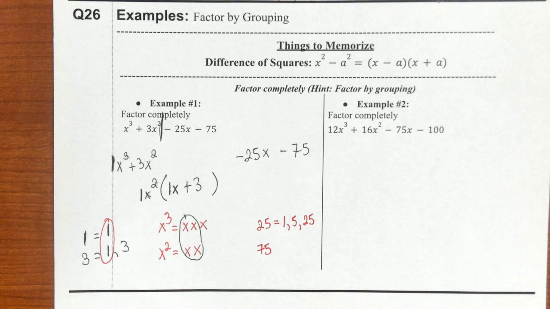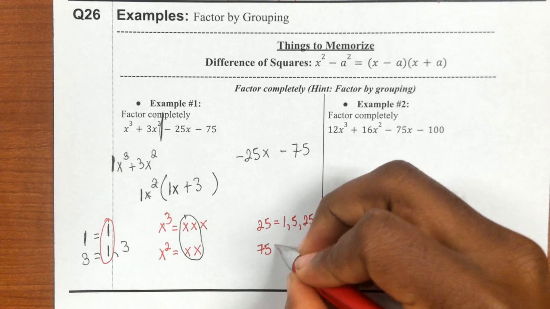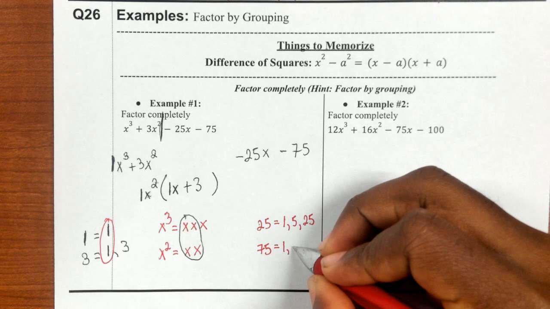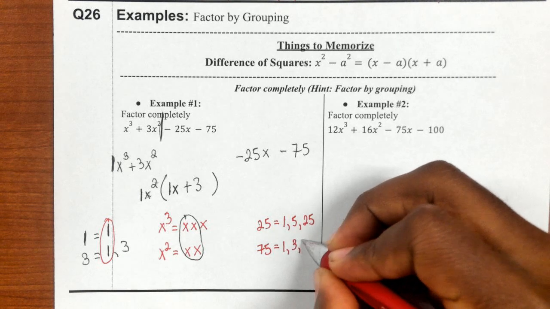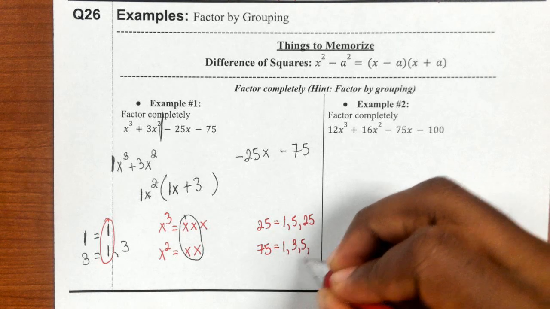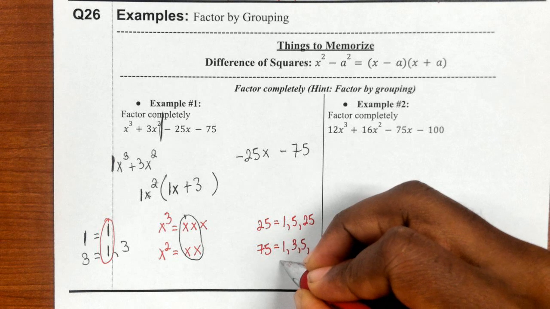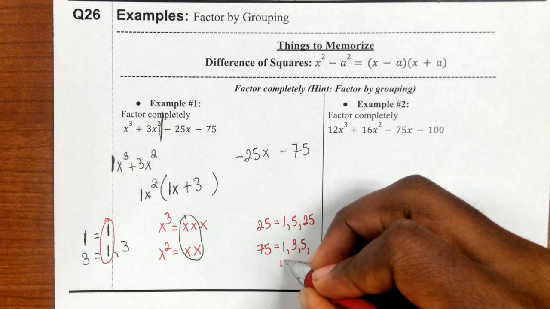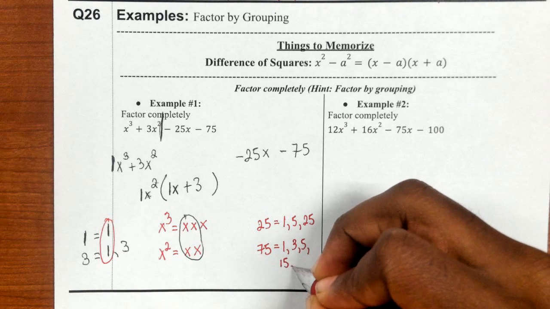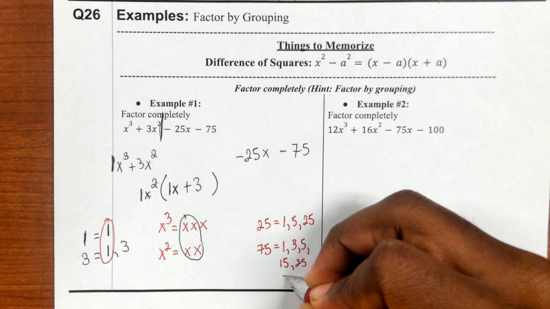What are the numbers you can divide 75 by? Those are 1, 3, 5, 15, 25, and 75.